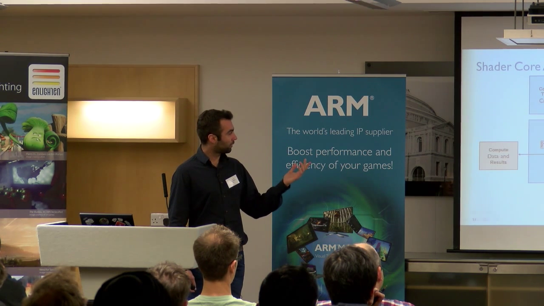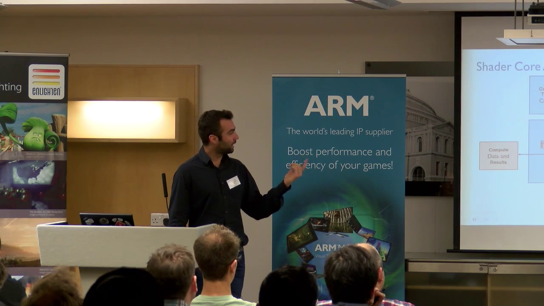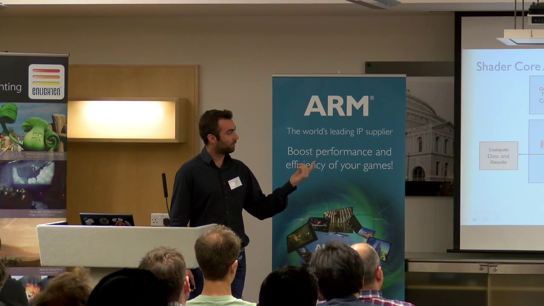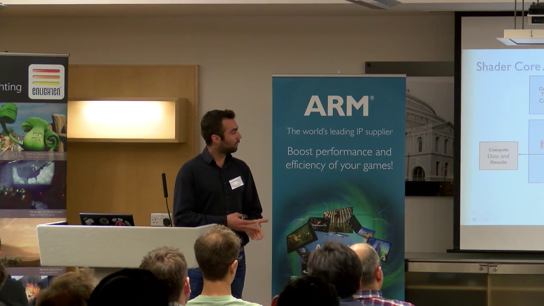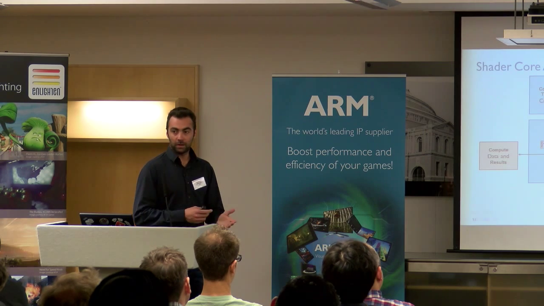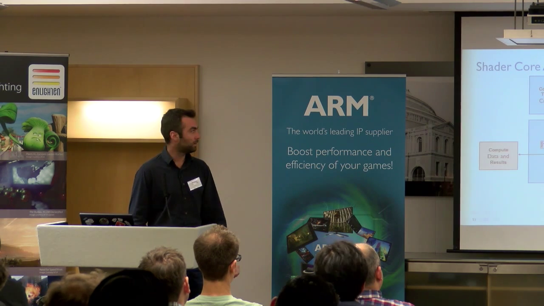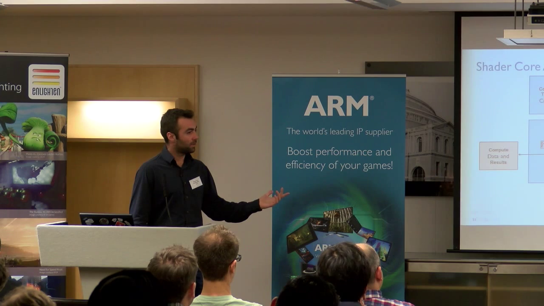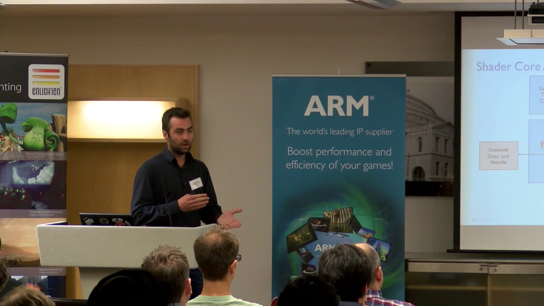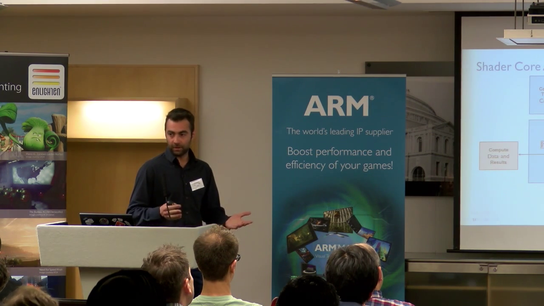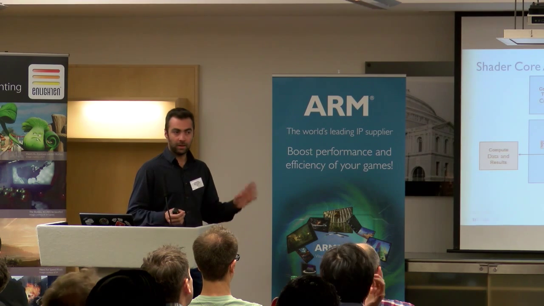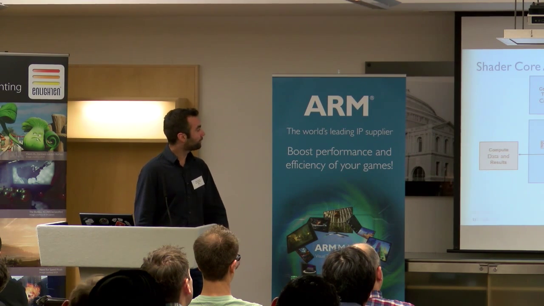So the fragment processing path will pick up the data structures from the tiler. It will go through the triangle setup unit, so it will calculate the equations of each primitive, submit them to the rasterizer in order to convert primitives into pixels and find out which are the pixels that intersect with each primitive.